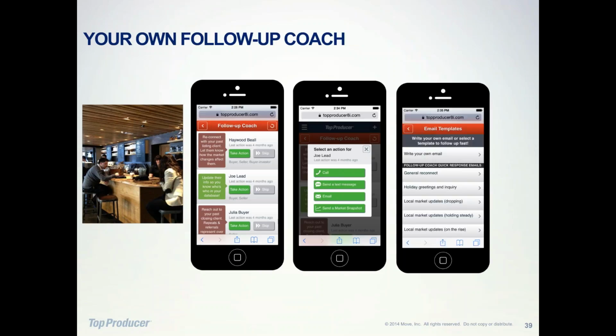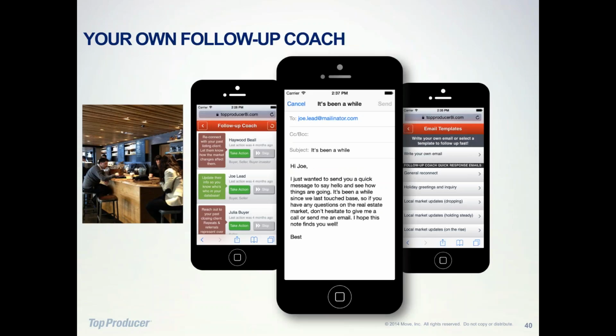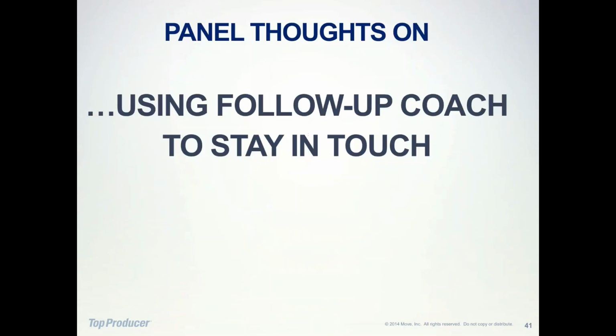If I choose an email, I can select from any of the templates, and we're constantly adding new templates that are very personalized. You can write your own, or you can do just the general reconnect. It auto-populates your phone with the content for that consumer. You hit send, and that has now been marked as a follow-up. You've now sent a personalized message out to that consumer, and it's a great way to incorporate one-to-one follow-up into your mass marketing.